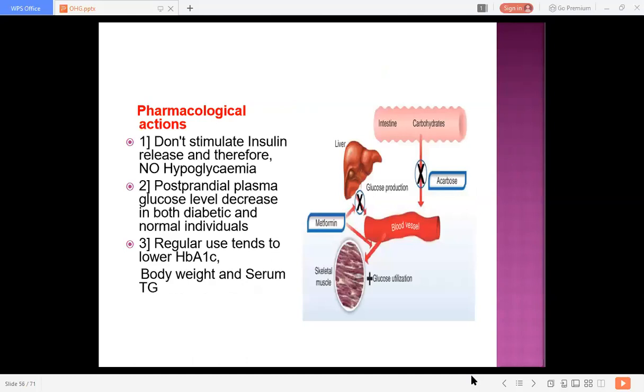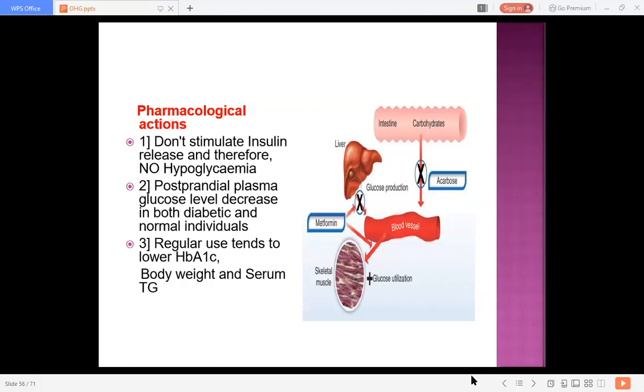Acarbose binds completely to the carbohydrate binding sites of alpha-glucosidase enzymes in the brush border of the enterocytes of the jejunum.